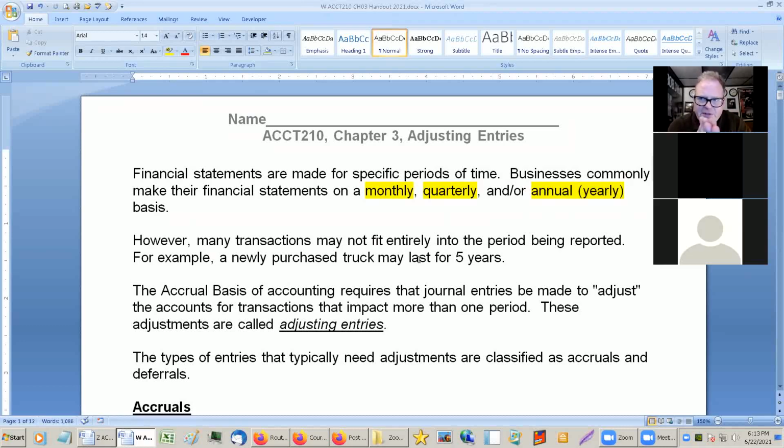Quarterly being every 3 months, and annual obviously every year. And virtually all companies are going to have at least annual financial statements, just to know where the company's going. But if they're publicly traded, they are required to have quarterly financial statements and annual. So if it's a publicly traded company like IBM, they're required to have quarterly financial statements and every year.